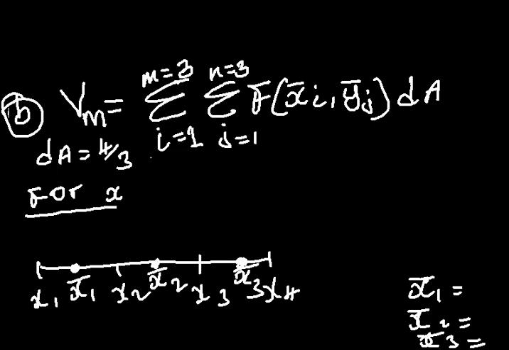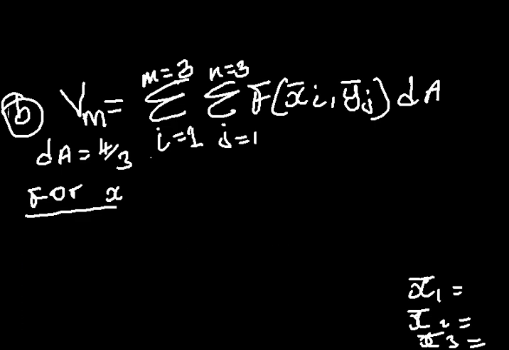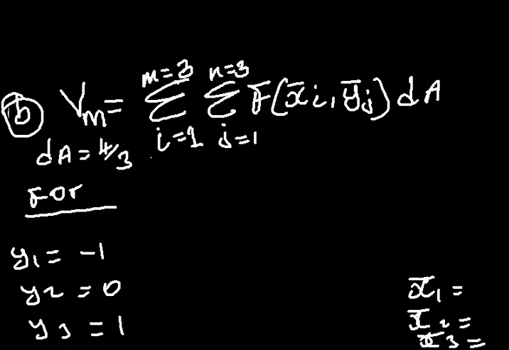Where you'll be calculating the y sample values. You also do the same for y: y1 is given as -1, y2 was given as 0, and y3 was given as 1. I'll also be reaching y4 in order to have the upper value in the given interval, which would be 2.